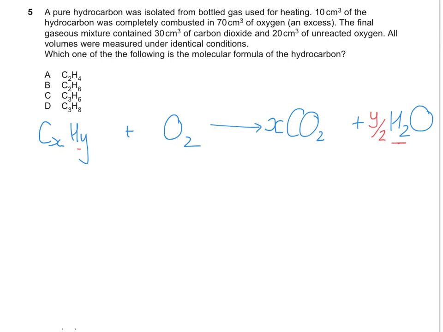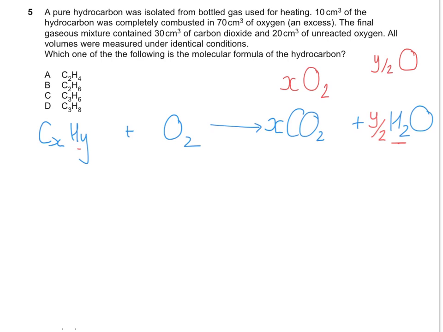Okay, the next thing we do is we balance the number of oxygens. So first of all, let's count up how many O2s we have on the right hand side. On the right hand side we have x times O2, so we're going to have x number of O2. But we also have y over 2 O, but we're interested in the number of O2s.